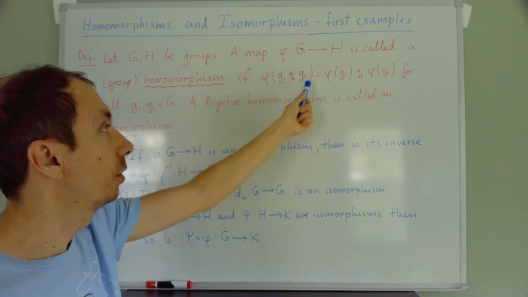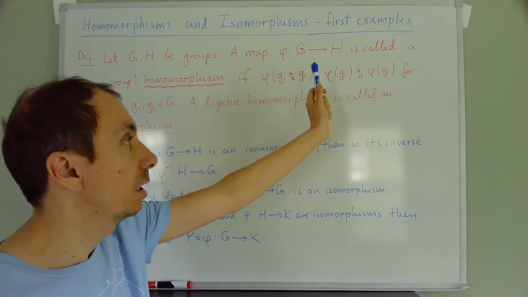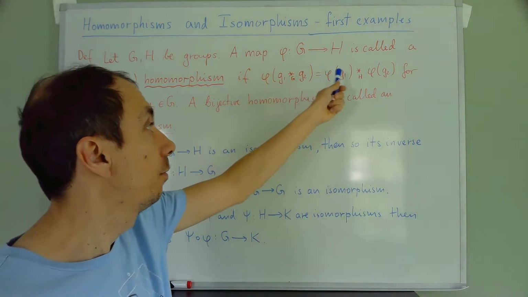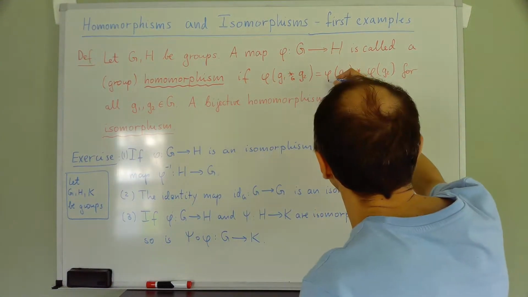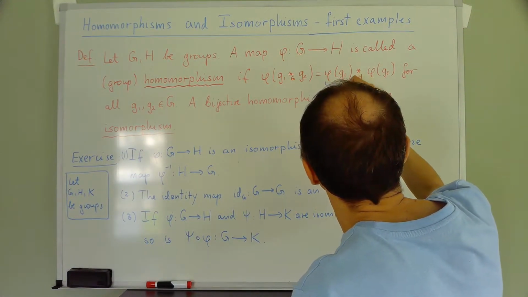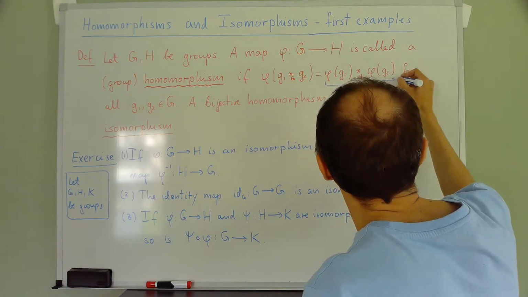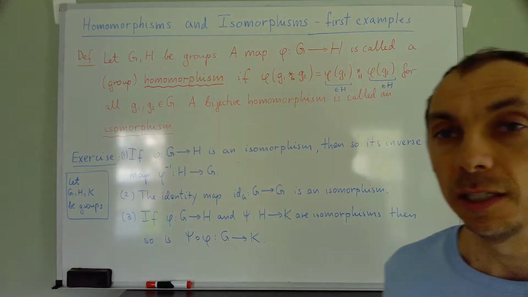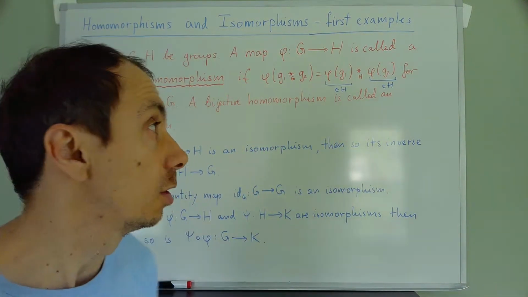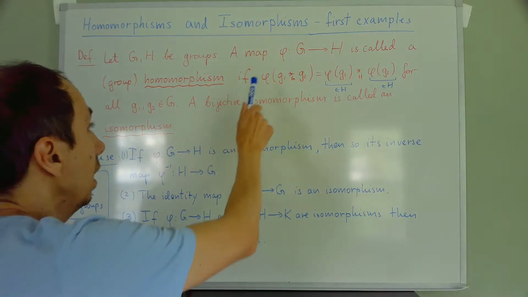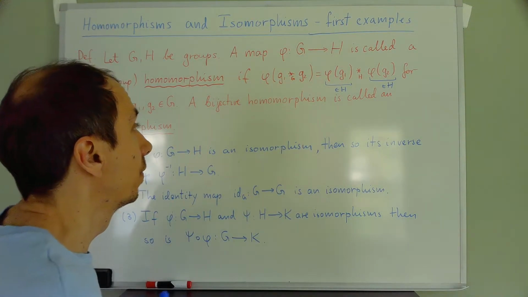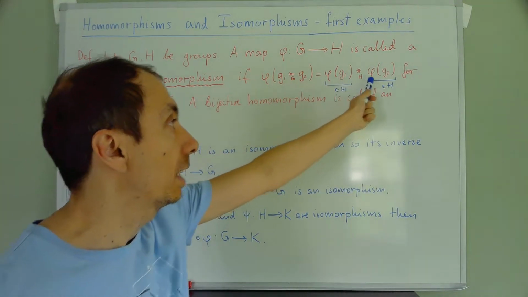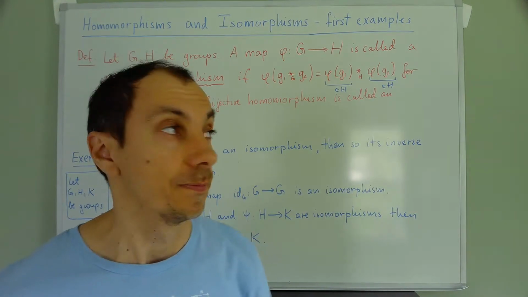So I take phi of the product of g1 and g2, and I get the product of phi of g1 and phi of g2. So phi of g1, right, that is already an element of H. And phi of g2, that's also an element of H. So now I'm multiplying them as elements of the group H. So a function from G to H is a homomorphism if it carries a product of two elements in G into the product of their images.